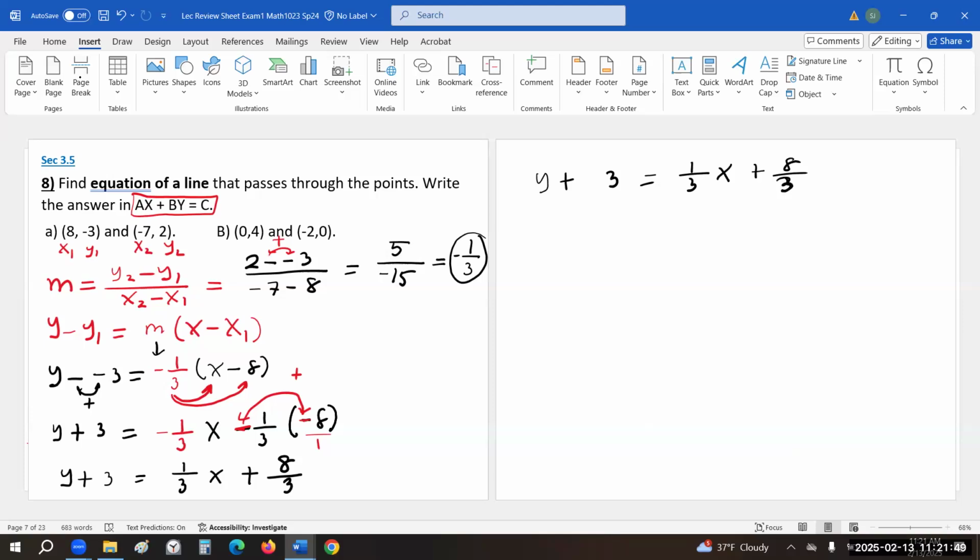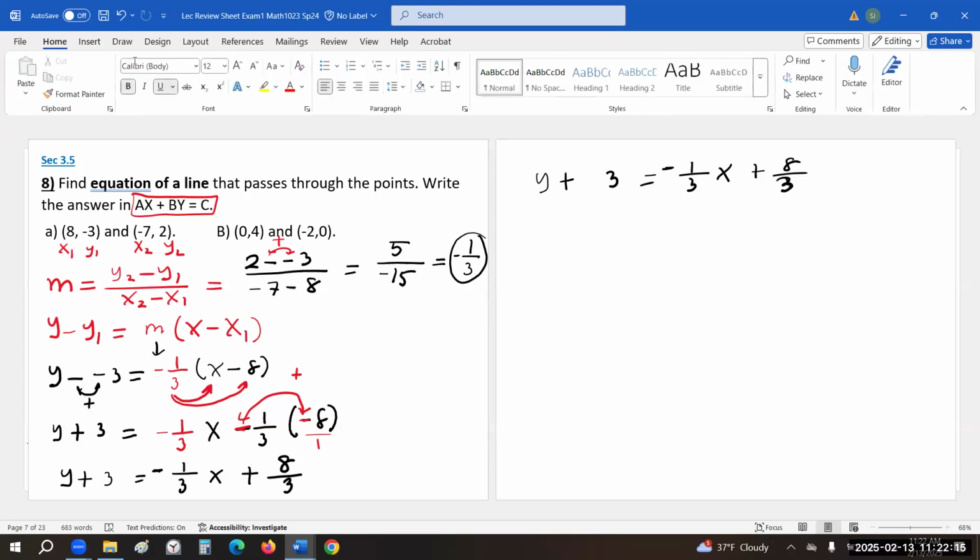So now we have many choices. Either you bring x next to the y and subtract 3. You have many choices now. But if you want, you can get rid of the denominator first. So let's say I don't want to see my denominator anymore.